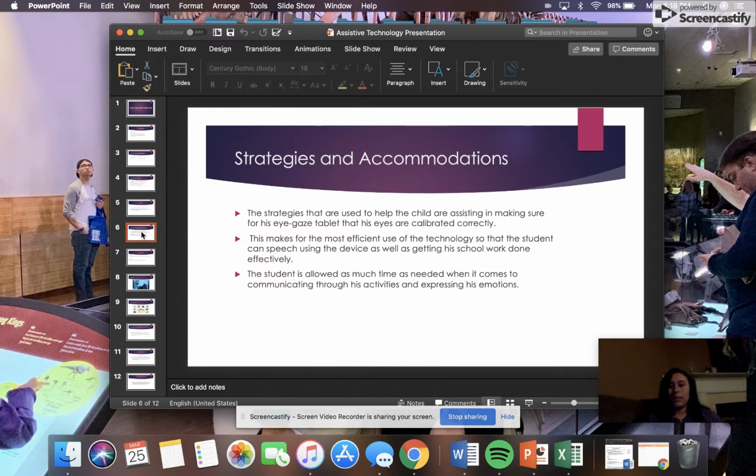This makes for the most efficient use of technology so that the student can speak using the device as well as getting his schoolwork done effectively. The student is allowed as much time as needed when it comes to communicating through his activities and expressing his emotions.